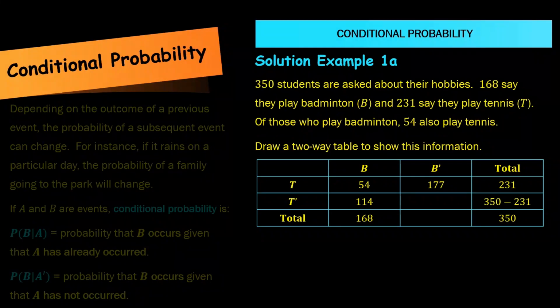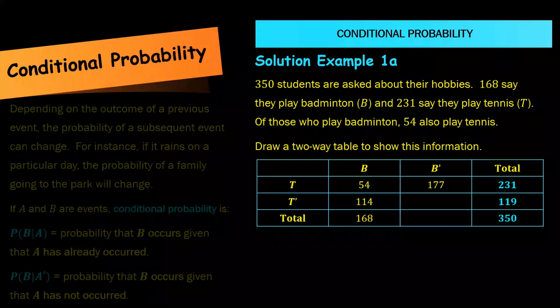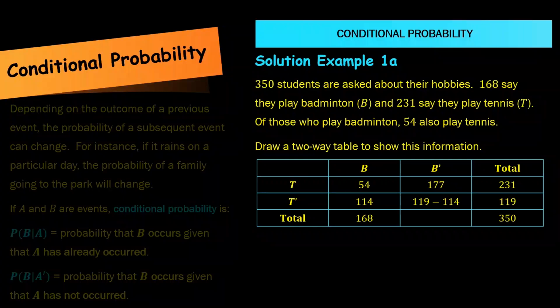We can also now calculate the total who don't play tennis. In other words, 350 minus 231, which comes to 119. And now we can calculate the total who don't play tennis and don't play badminton either. In other words, 119 minus 114.